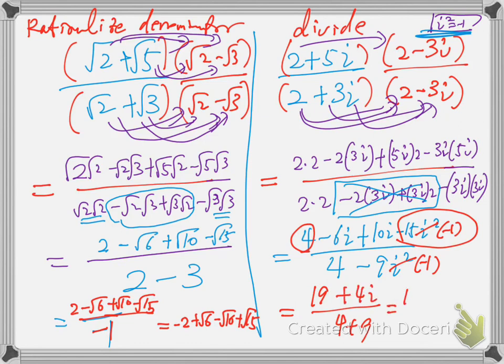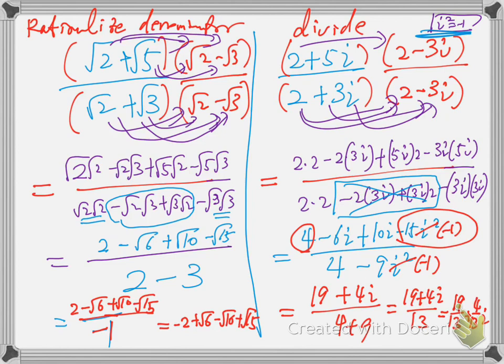So this is 19 plus 4i divided by 13. We write it as real part and imaginary part: 19 over 13, that's the real part, plus 4 over 13 i, imaginary part. So for complex numbers, you need distribution a lot.